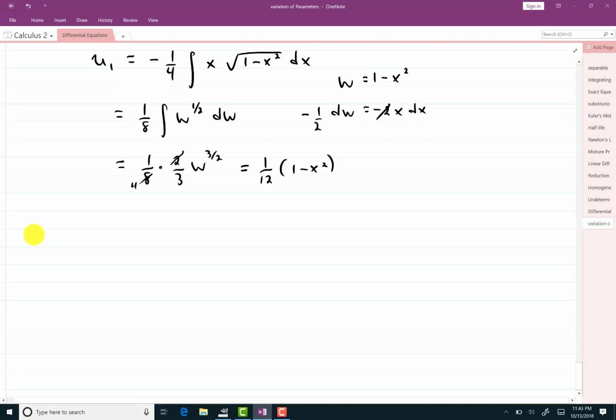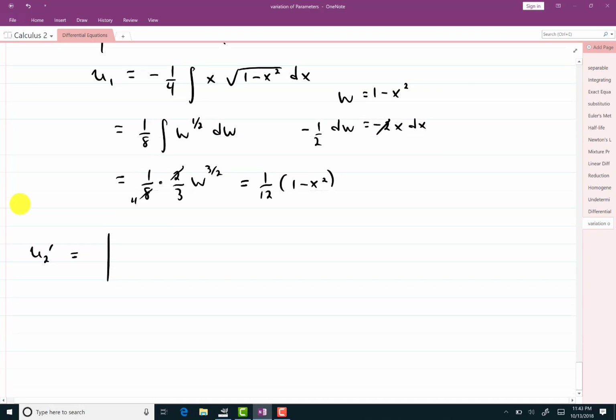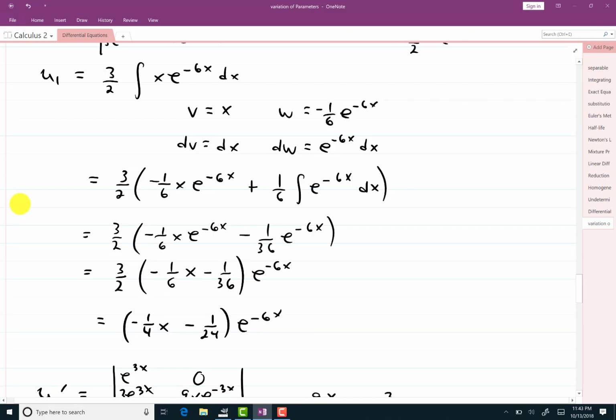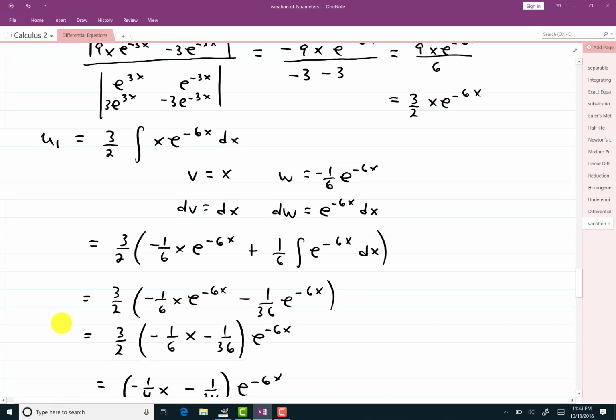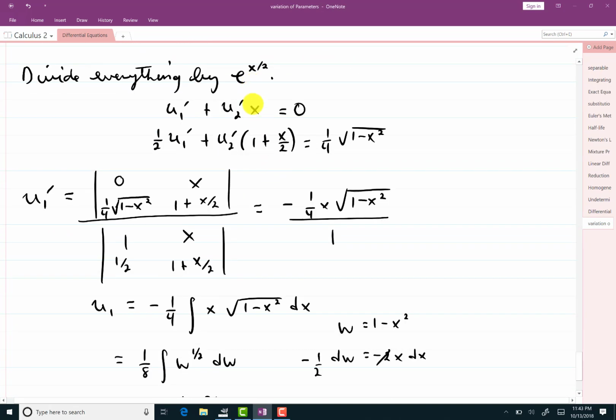And then my u2 prime was equal to almost the same thing. This time I'm going to replace the second column with the result column. So I'll have 1, 1/2. Remember, we divide this whole thing by 1. So 1, 1/2.